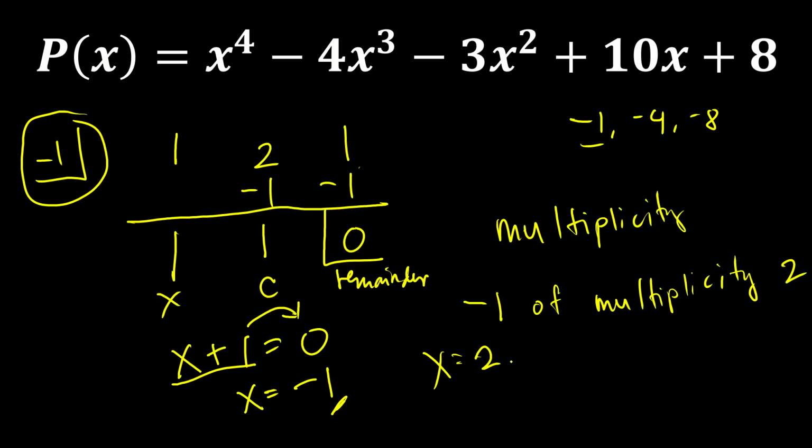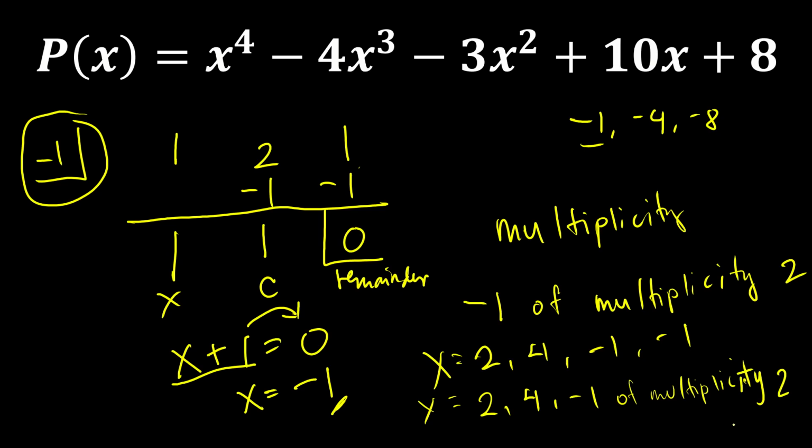We have 2, 4, negative 1, or you can write it as 2, 4, then negative 1 of multiplicity 2. So those are the factors or the roots of the polynomial function. So those are the values of x na kapag sinubstitute natin sa lahat ng x ng isang function, ang answer will be 0.